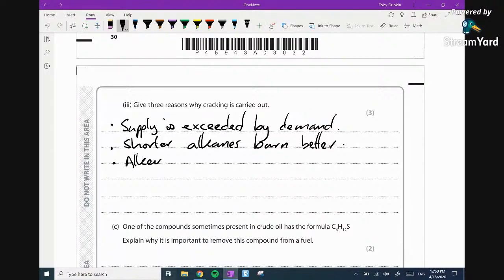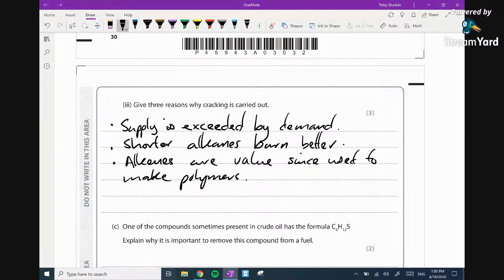Alkenes are valuable since used to make polymers. Wow, now I want to mark that, folks, straight away.